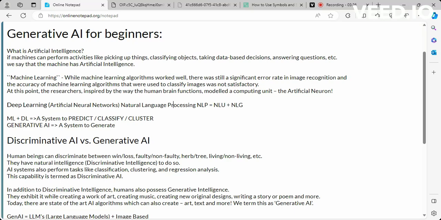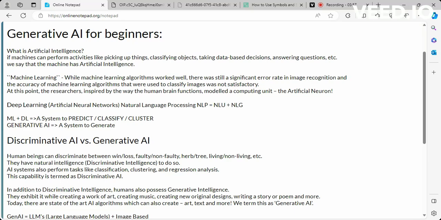For example, if you ask a painter or any human being, I want an elephant wearing a space suit, or a monkey wearing a swimsuit, I want that kind of imaginative thinking, where a human can think and design or paint accordingly. But a system can't do that. So if you want the system to work the way you want, we have generative AI for you.